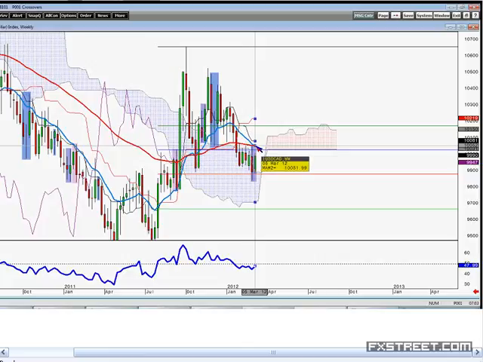That's also last week's high, 10051. It's also going to clip this 50 level. So there's a lot of resistance to the upside.